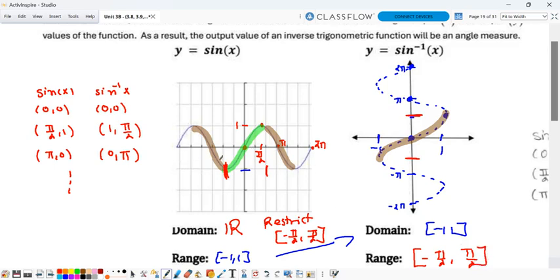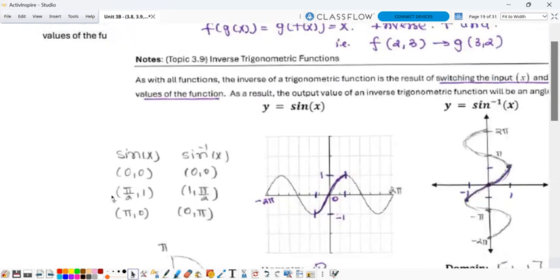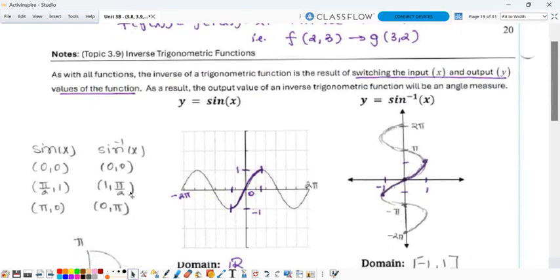Note that the sine graph goes forever up on both sides, but sine inverse does not go forever up and down. It is restricted to this piece. So once more, we are going to restrict this piece of the graph so that it is a function.